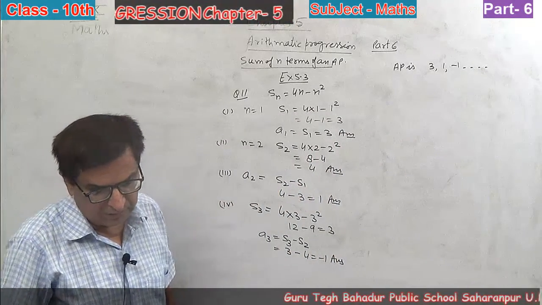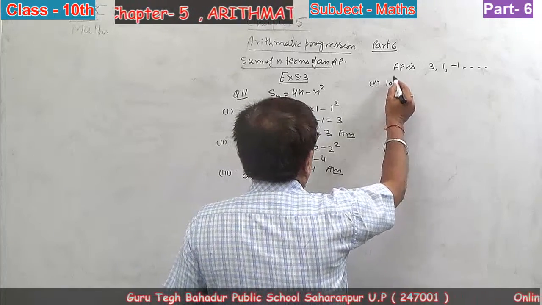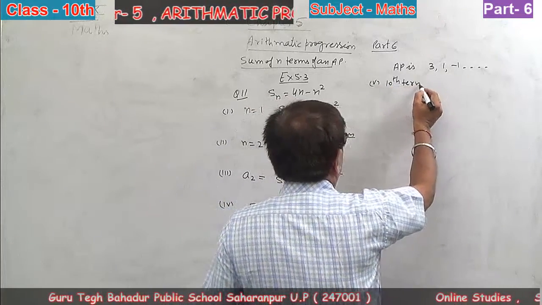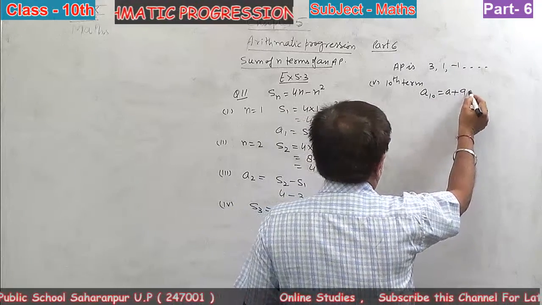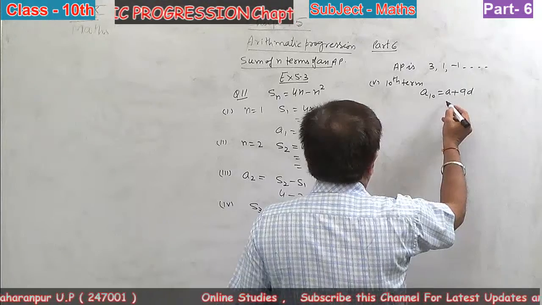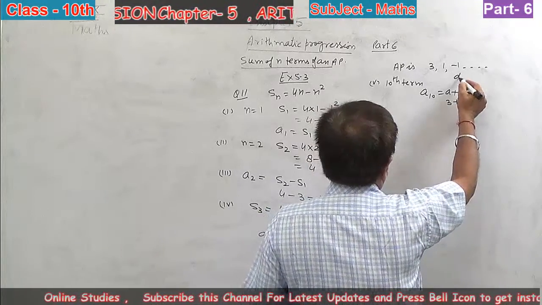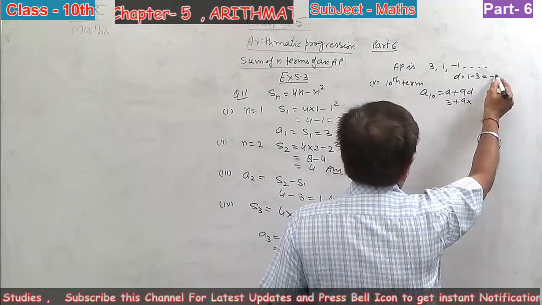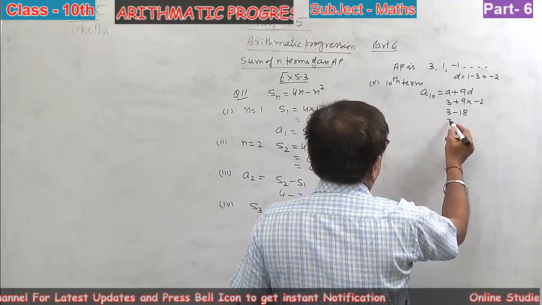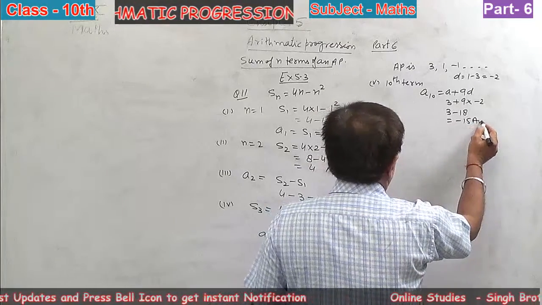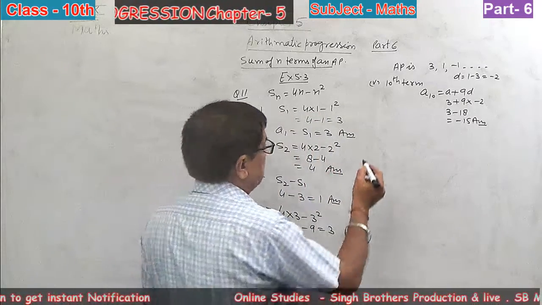Find the 10th term. This is the fifth part. 10th term, that is A10 is equal to A plus 9D. A is 3, 9D is 9 into 1 minus 3, that is minus 2, so 3 minus 18, that is minus 15. Next, find the nth term, sixth part.